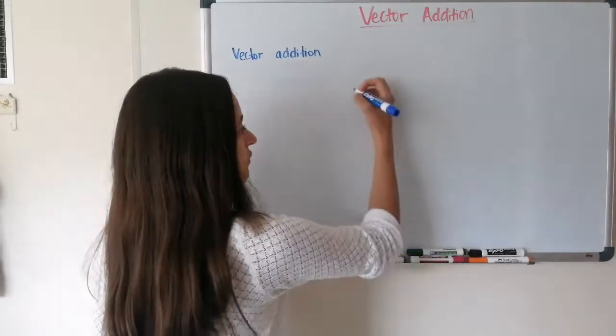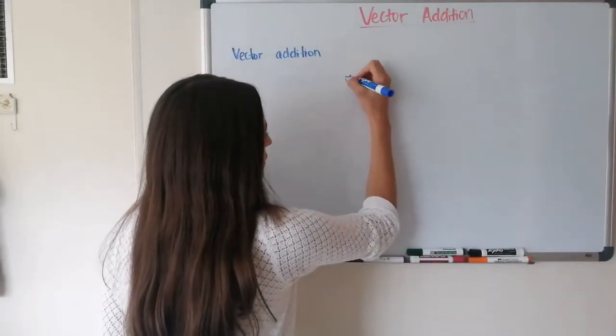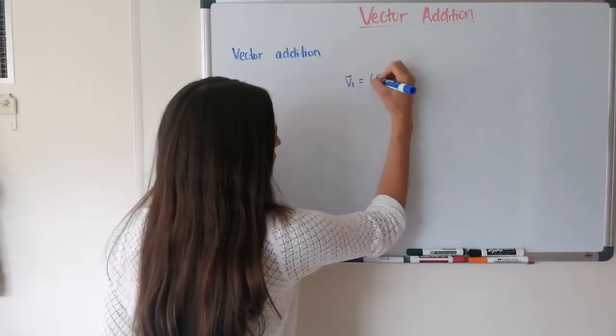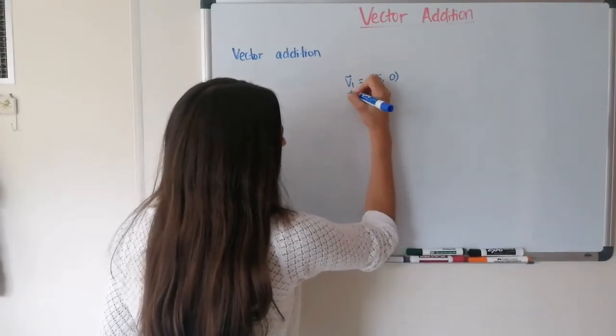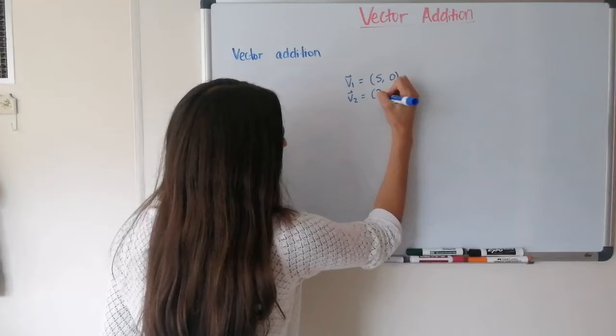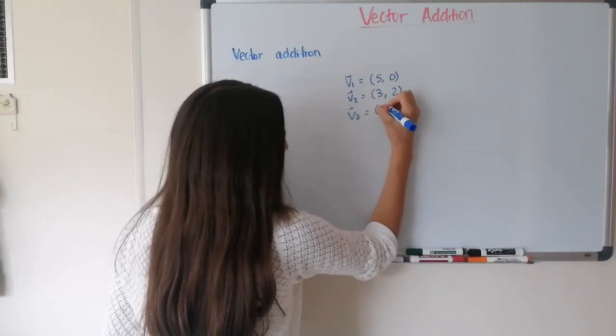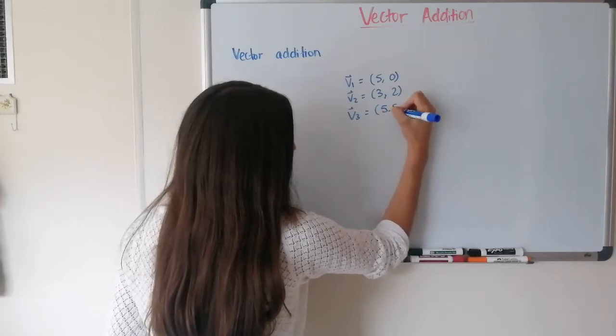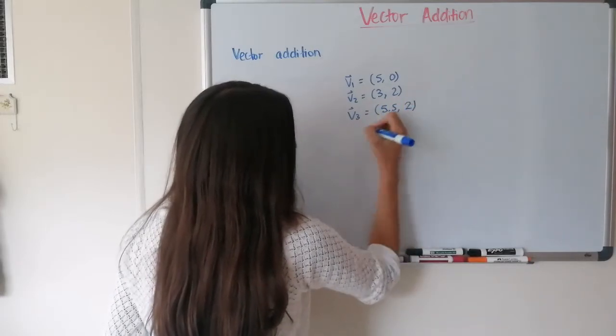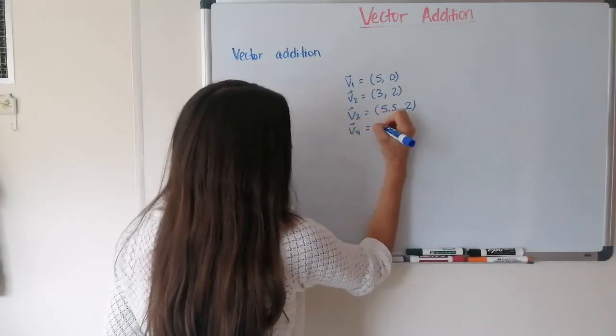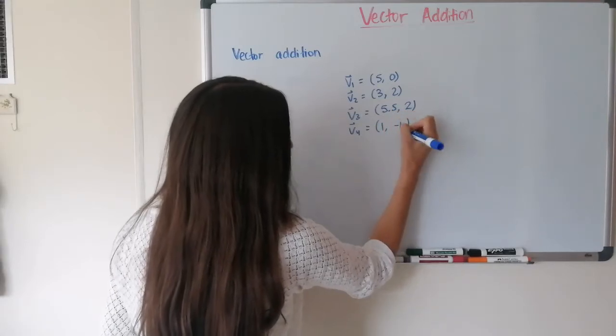So if you have, let's say, vector 1, which is 5, comma, 0, vector 2 is 3, comma, 2, vector 3 is 5.5, comma, 2, and vector 4 is 1, comma, negative 1.